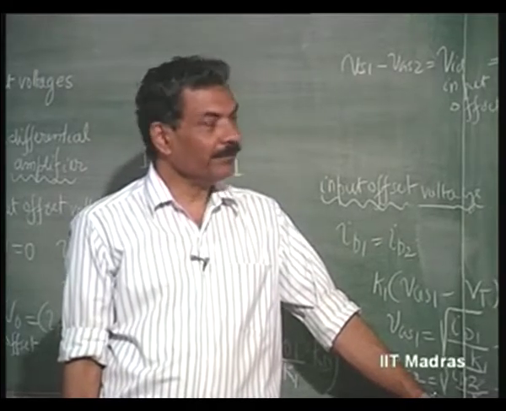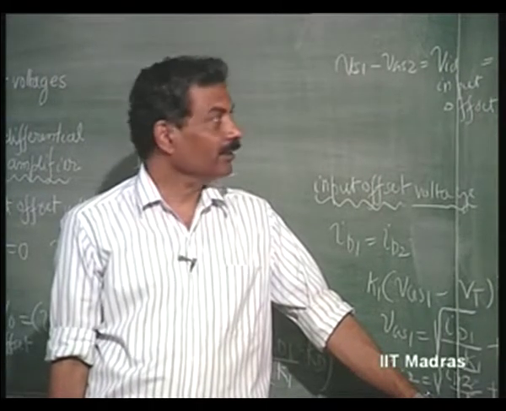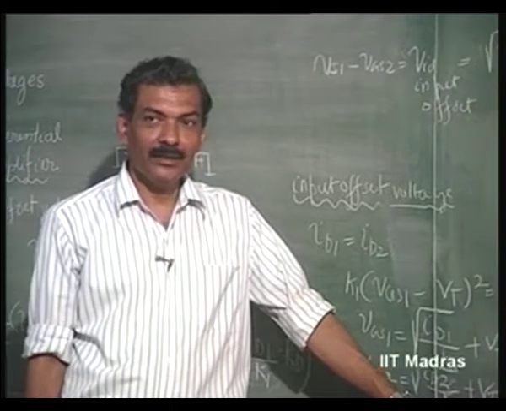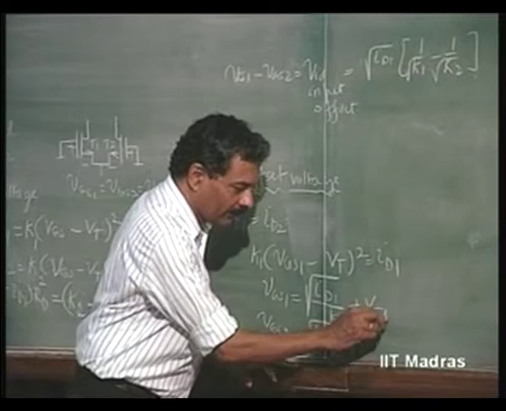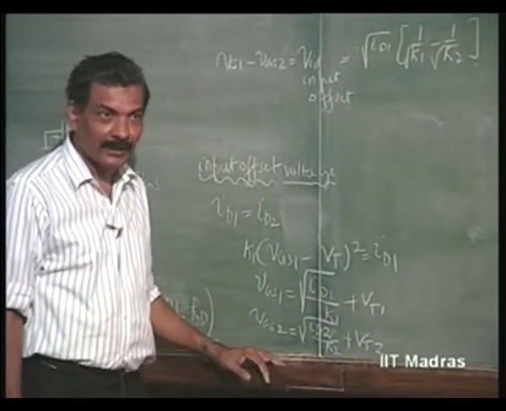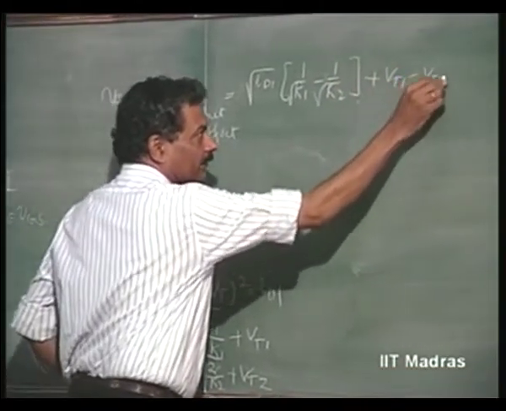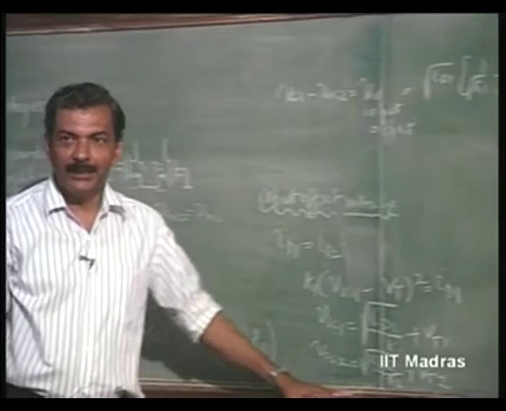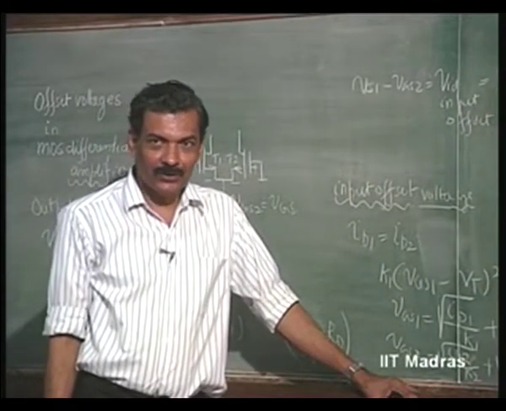Here, please note that we had assumed K1 and K2 to be different. The input offset could have resulted also because of VT1 and VT2 being different. That means this plus VT1 minus VT2 is going to be the further addition to this input offset.